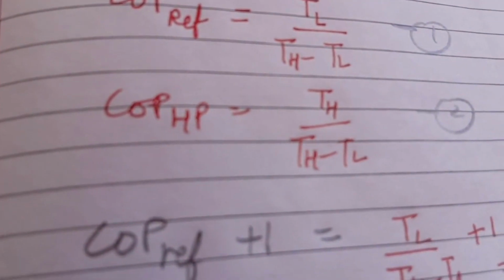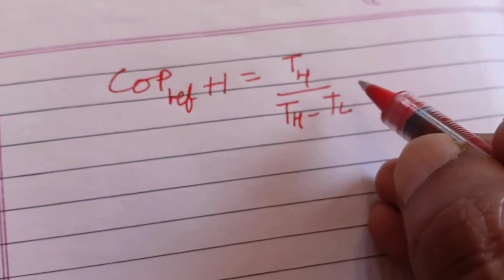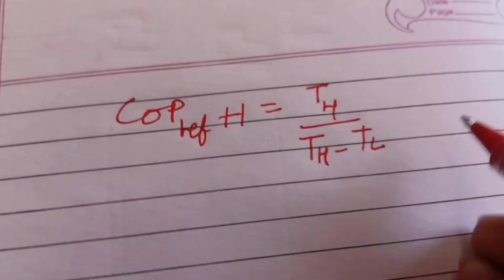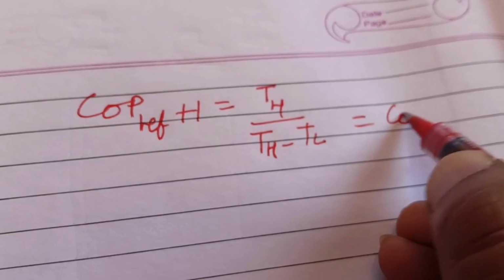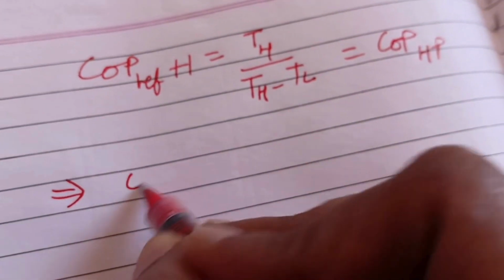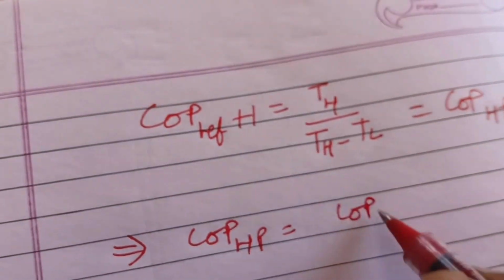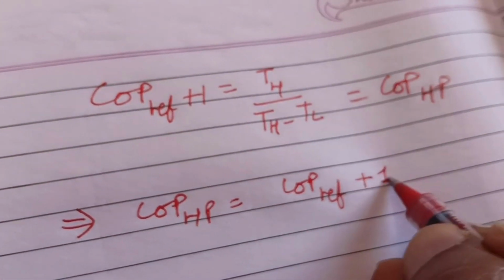So you have just seen COP of heat pump is TH upon TH minus TL. Let me put this in bracket. So this is nothing but COP of heat pump. We can further write COP of heat pump is equal to COP of refrigerator plus 1.